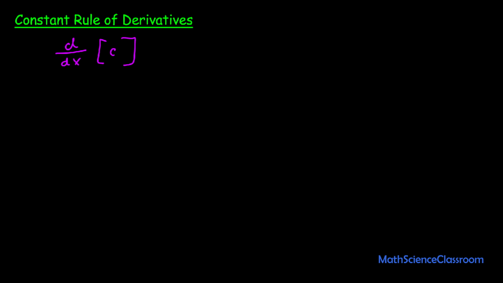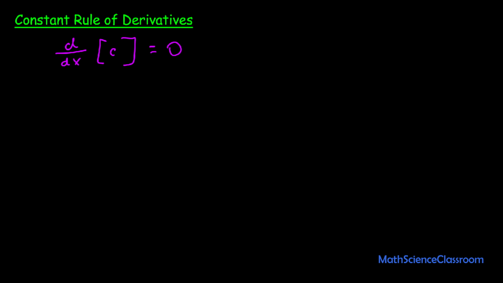Notice we use the square brackets. We use square brackets to enclose everything, including expressions which use parentheses, to be cleaner and easier to read. So the derivative of c, which is a constant, equals 0.